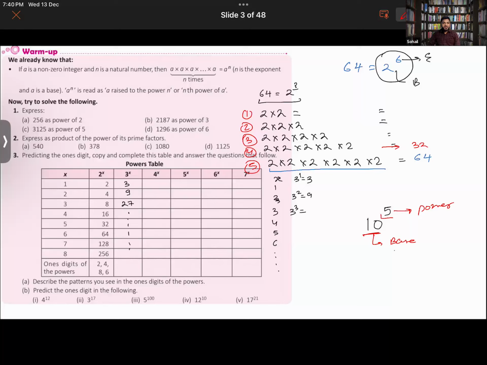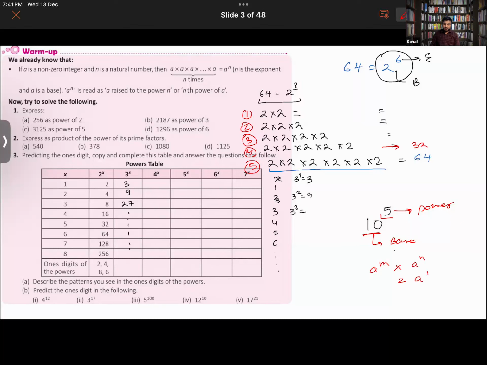What were the different rules which we studied in the chapter exponents and powers? You guys remember? There were different laws of exponents. Name some of the laws, starting from Arham. Sir, when you are multiplying two exponents of the same base, we can add the exponents, a^m into a^n.